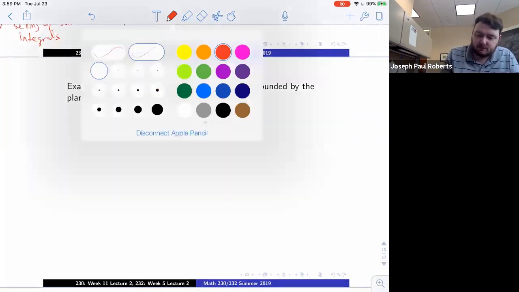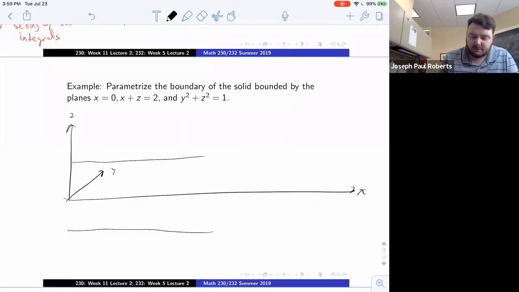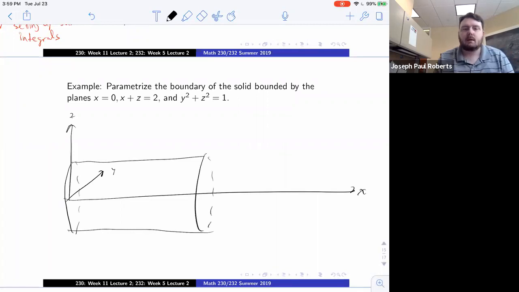I guess I should use black. So I have a cylinder around the x-axis, right? y squared plus z squared equals 1 is around the x-axis. And so I'm going to cut it off at x equals 0.